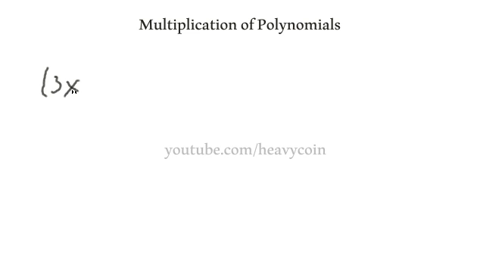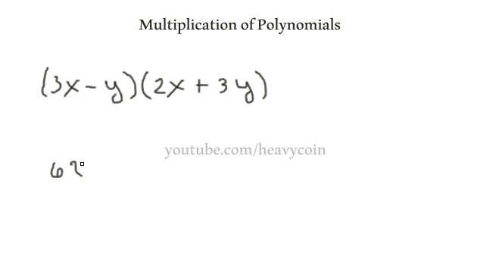Let's say we have 3x minus y times 2x plus 3y. Okay, so we take the 3x, multiply it by 2x, so that's going to give us 6x squared, and then 3x times 3y. 3 times 3 is 9, and we just have xy.